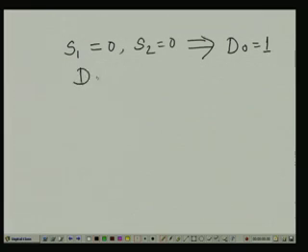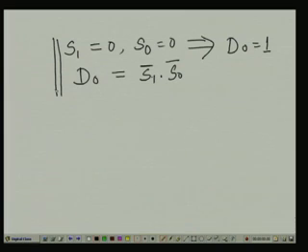So, I can write D0 is S1 bar dot S0 bar.